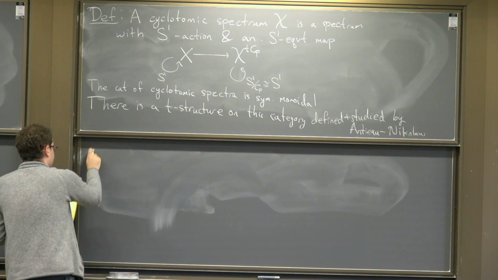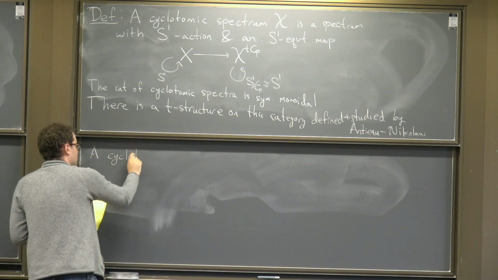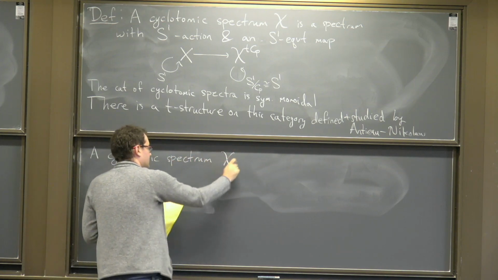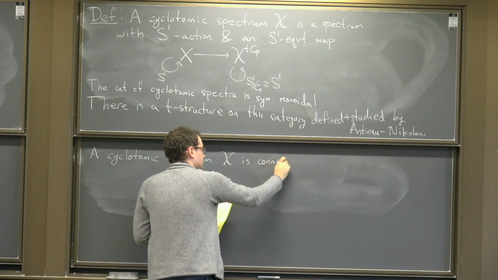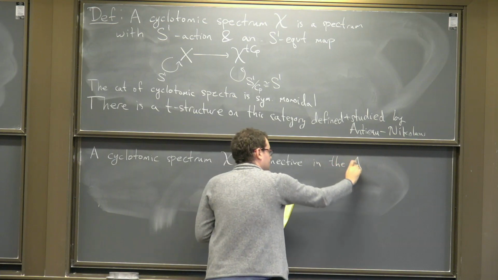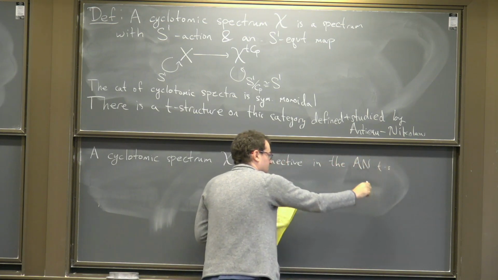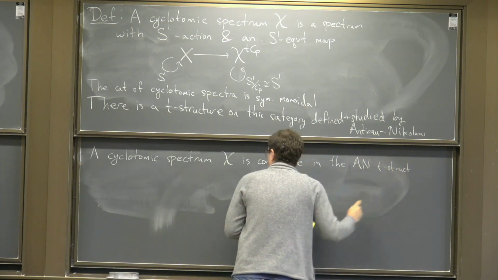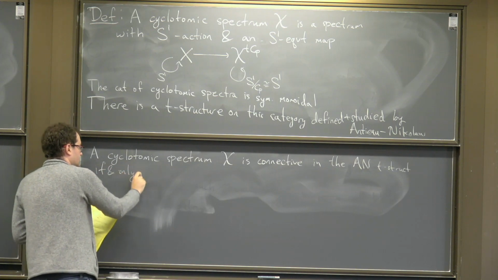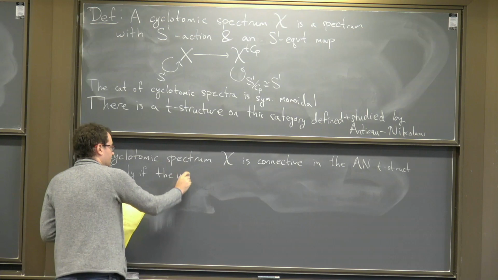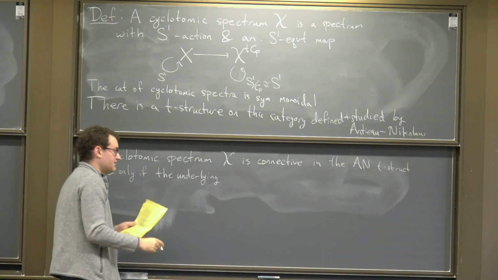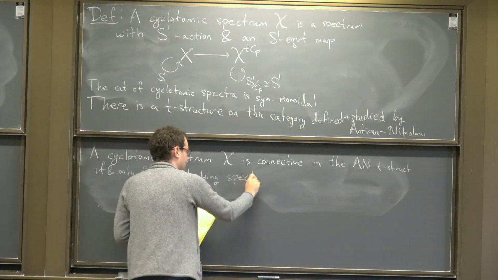So a cyclotomic spectrum X is connective in the Antieau-Nikolaus t-structure if and only if the underlying spectrum, so forgetting about this Frobenius map and forgetting about the circle action, the underlying spectrum is connective.